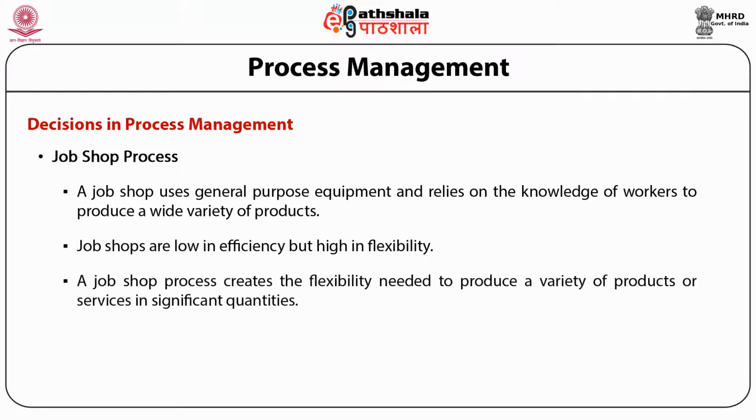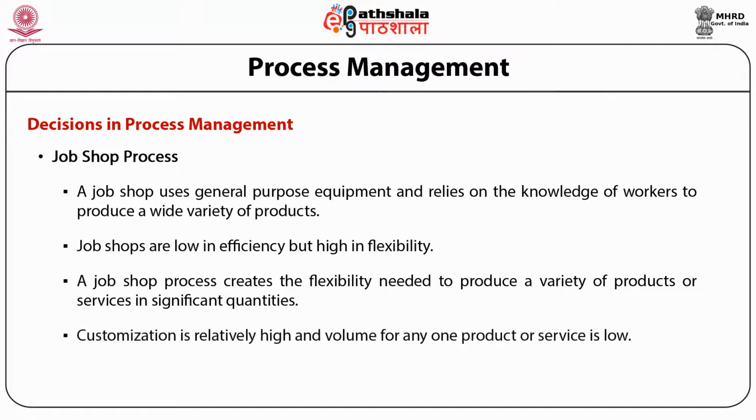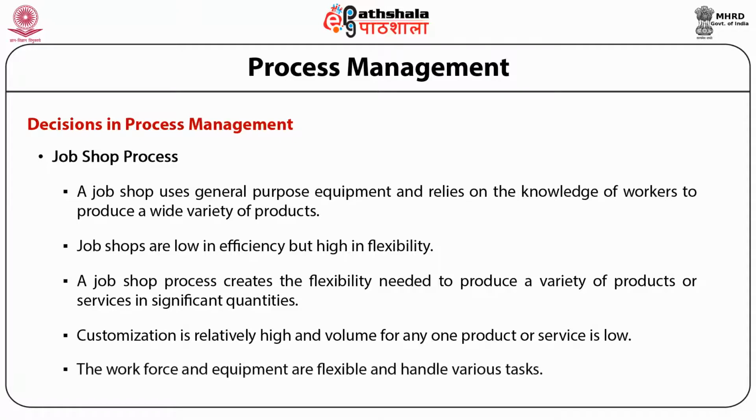A job shop process creates the flexibility needed to produce a variety of products or services. Customization is relatively high and the volume for any one product or service is low. The workforce and the equipment are flexible and handle various tasks.